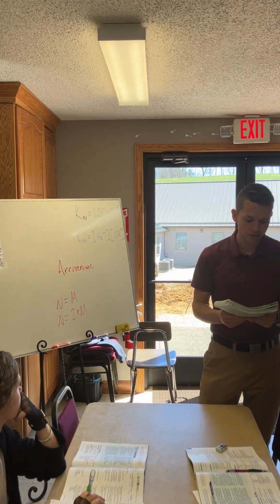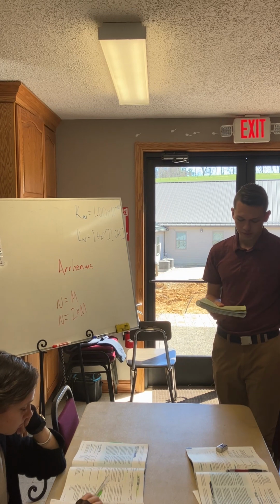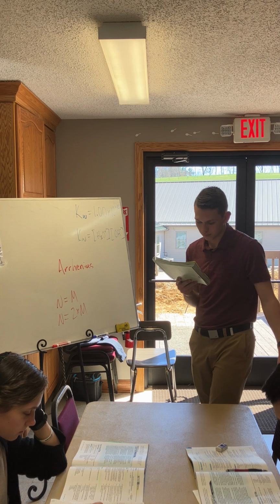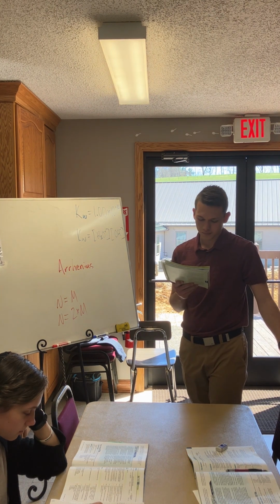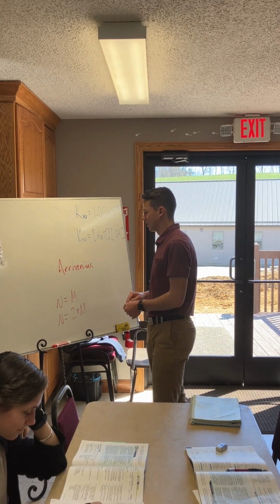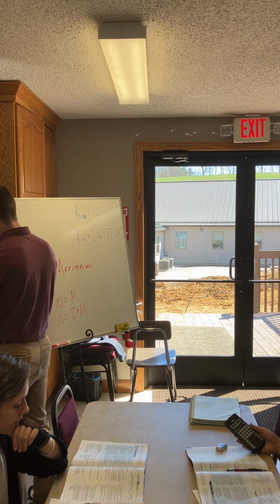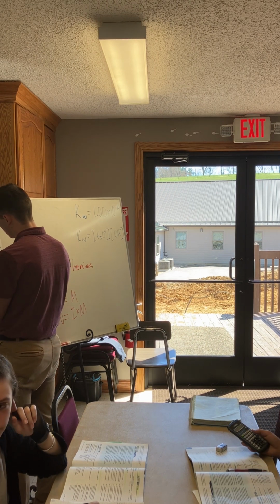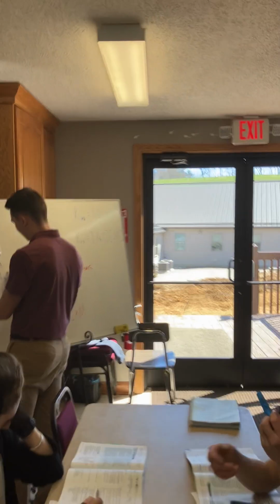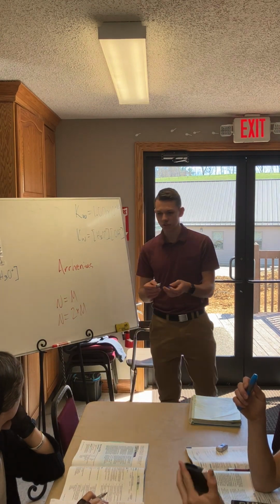But let's go to number 13. What is pH? The negative logarithm of hydronium ion molarity. So pH equals negative log of hydronium concentration.